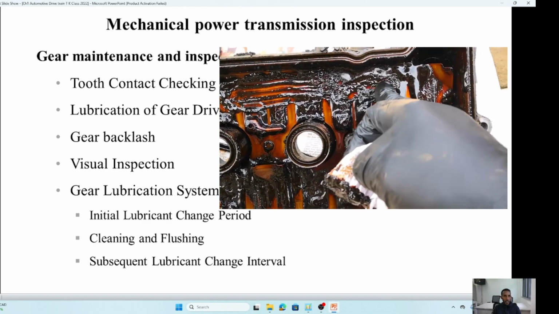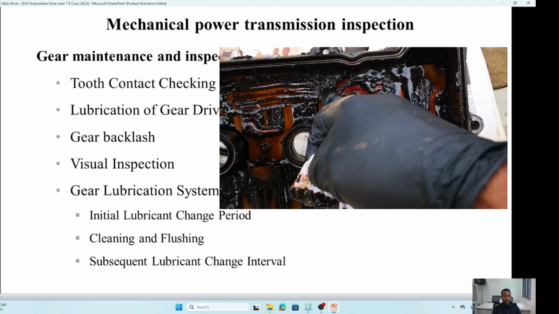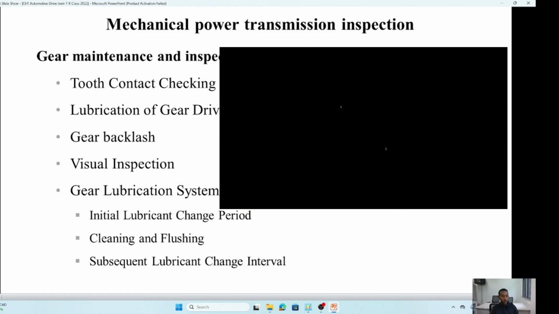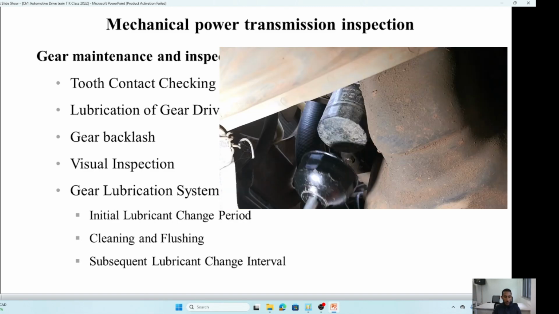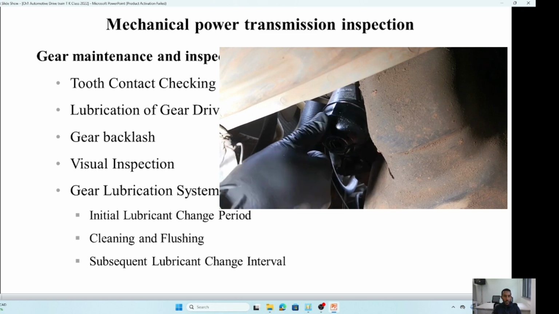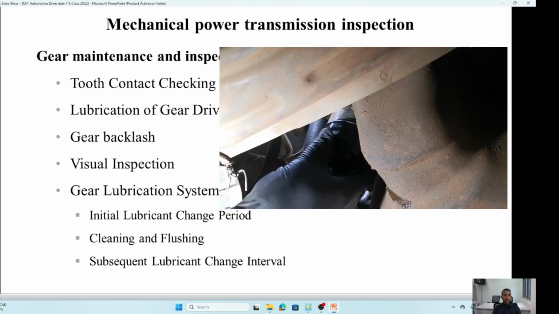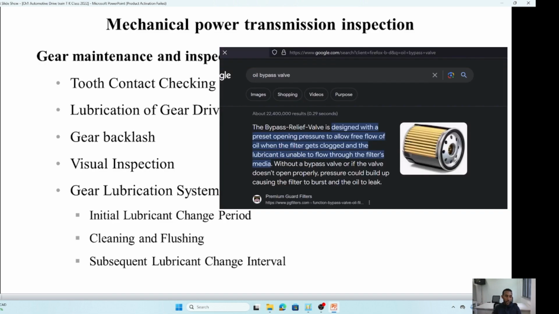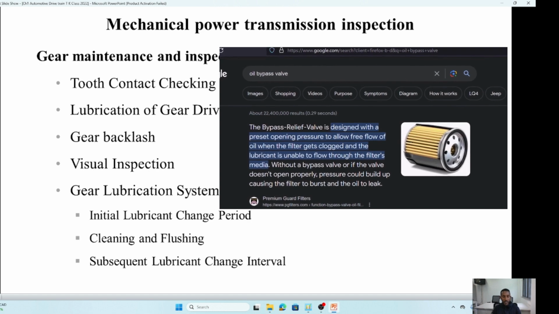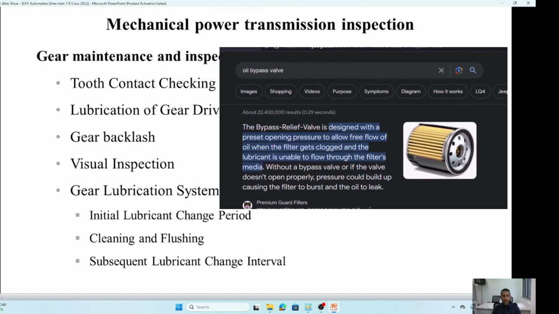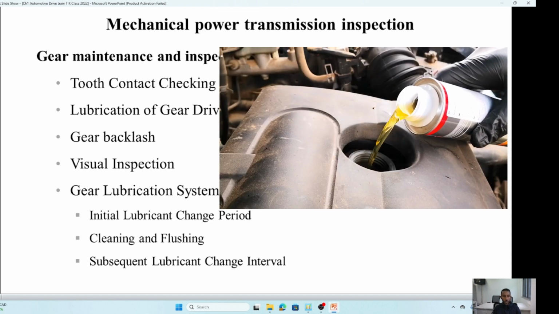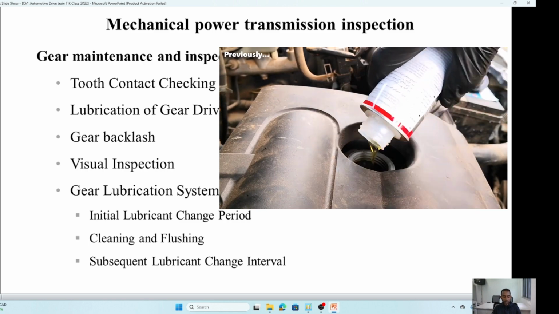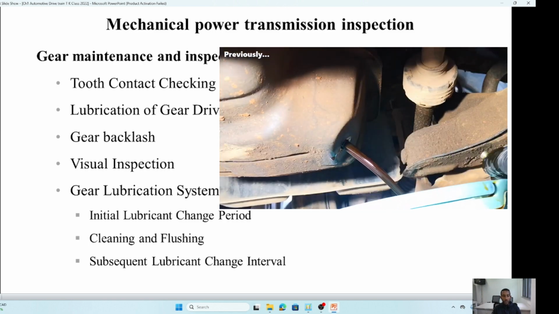This is mostly done in engines, but it's preferable for some machineries or gear-operated systems. For example, we use some motor flush. Before you replace the engine oil, we add some motor flush, and after we add it, we run the engine for a limited number of minutes, and after that we drain the fluid, so it cleans all the internal parts of the engine.